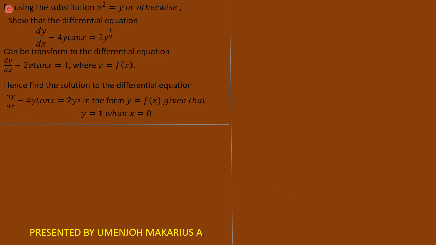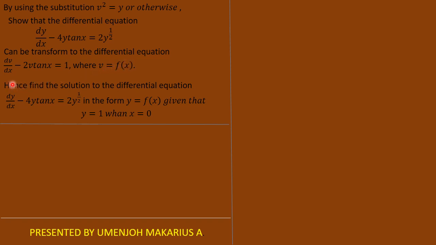In today's video, they've said that by using the substitution v squared equals y, or otherwise, we show that the differential equation dy by dx minus 4y times the tangent of x equals 2 times y raised to the power 1/2 can be transformed into the differential equation dv by dx minus 2v times the tangent of x equals 1, where v is a function of x.